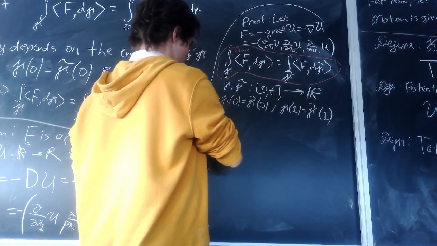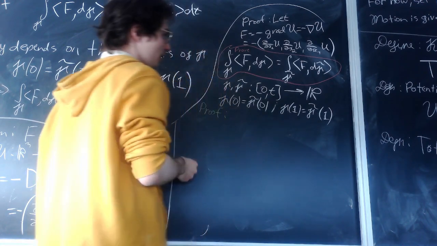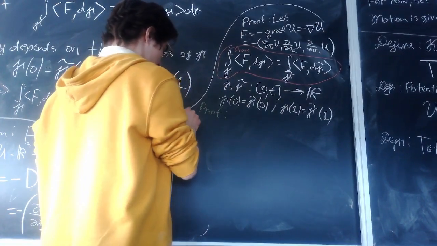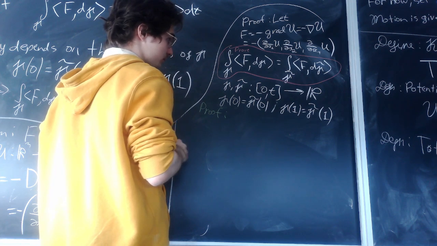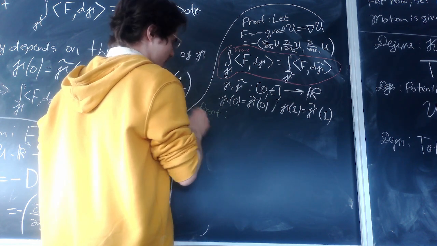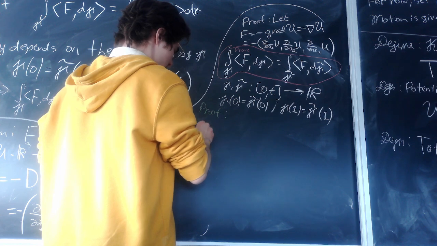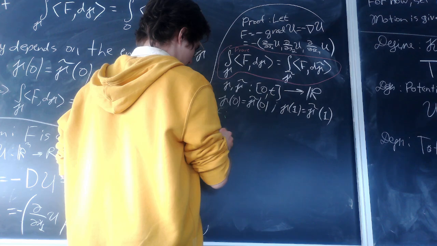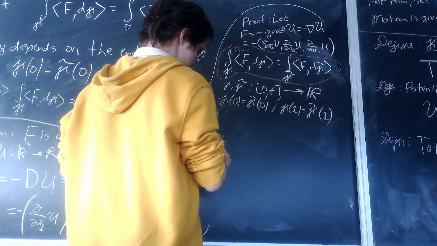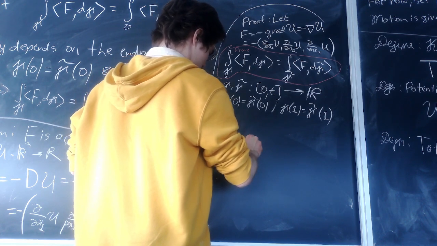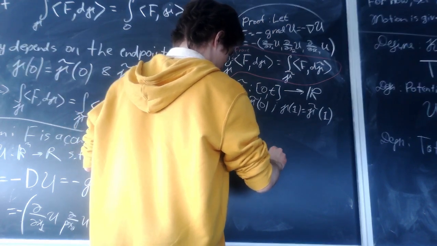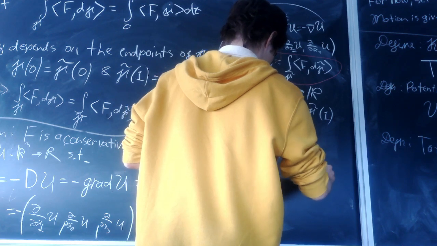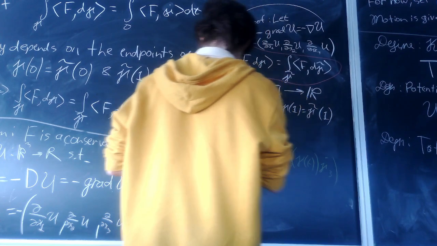Okay, so proof. Let's rewrite this integral as an integral from 0 to 1. So I have f1 at gamma of t, multiplied by gamma dot 1, plus f2 at gamma of t, multiplied by gamma dot 2, plus f3 at gamma of t, times gamma dot 3, and all of this dt, right?